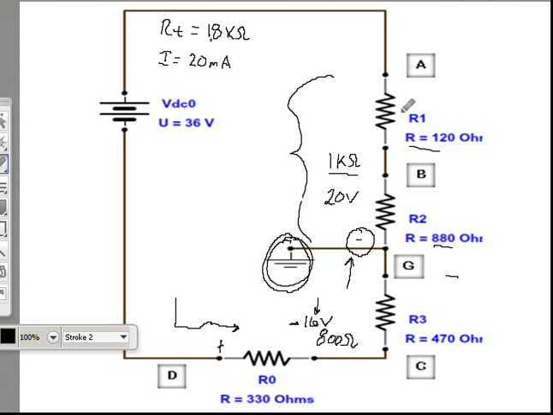And just to add up, we had a 1k and an 800 ohm. That gives us a total resistance of 1.8 k ohms. And then we had a 20 volt voltage drop and a 16 volt voltage drop. Well, that equaled out to 36 volts. So everything is checking okay.